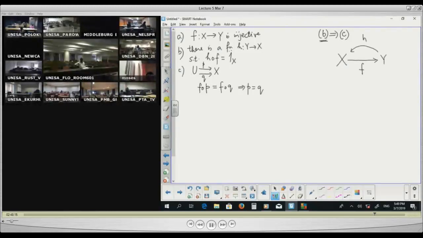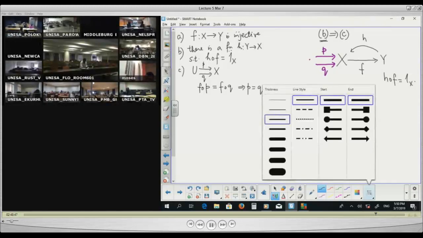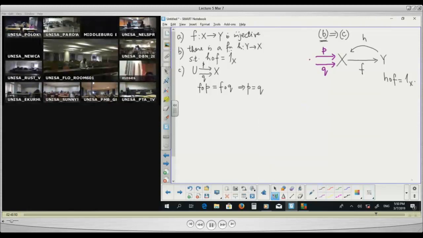Now you are starting with C. You are saying that whenever you have two things coming into X, and you assume that f composed P is equal to f composed Q. Well, if this happens, then obviously h composed f composed P is h composed f composed Q, right?